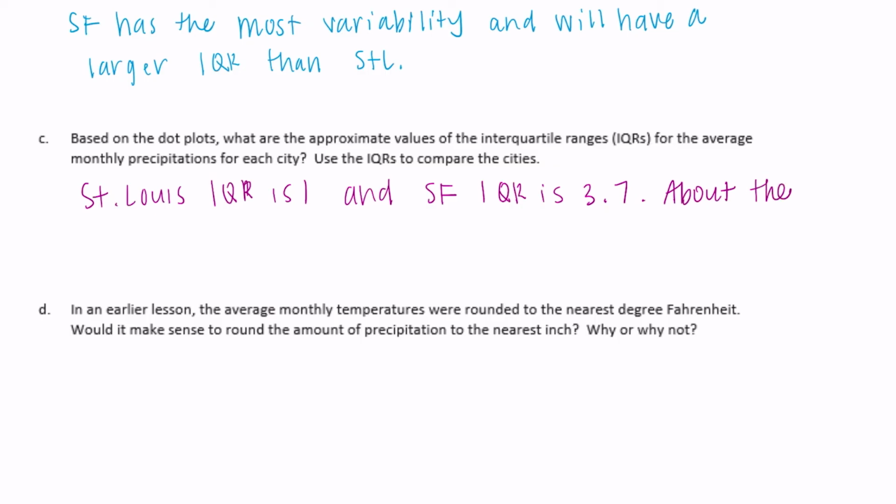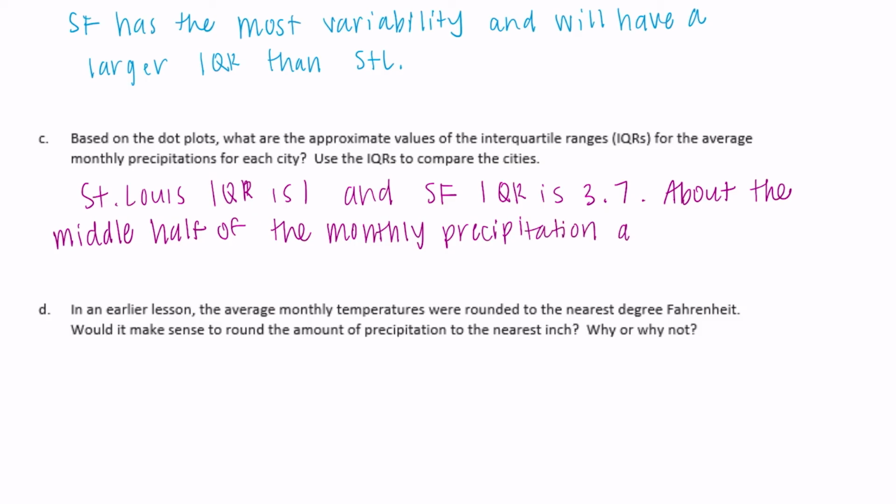About the middle half, because remember we're talking about the middle part, about the middle half of the monthly precipitation amounts in St. Louis are within 1 inch of each other.